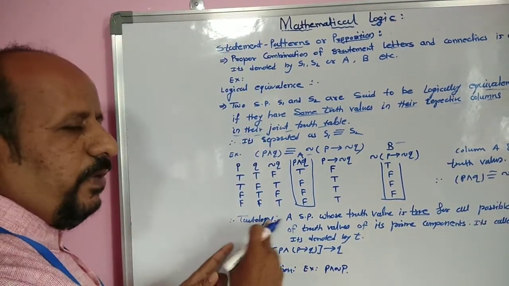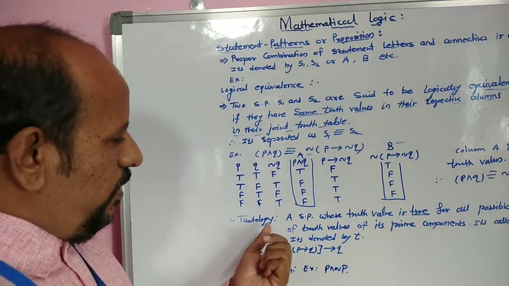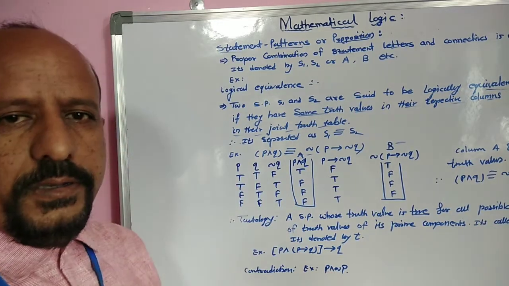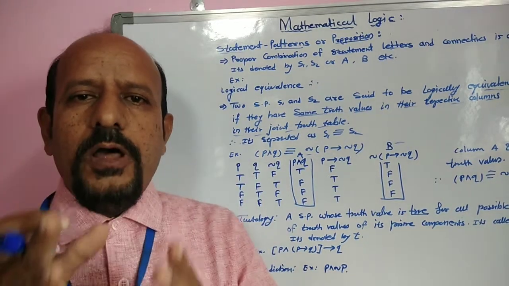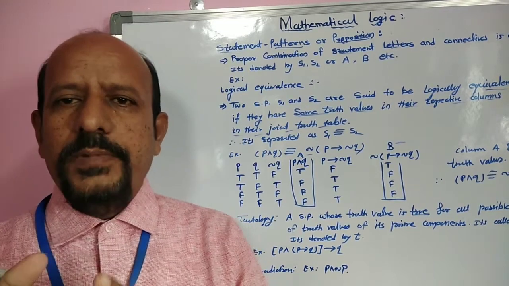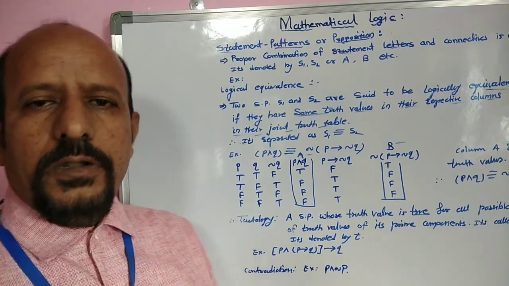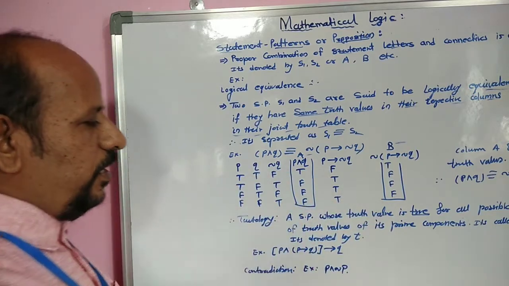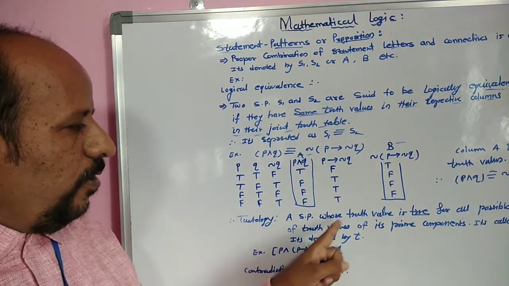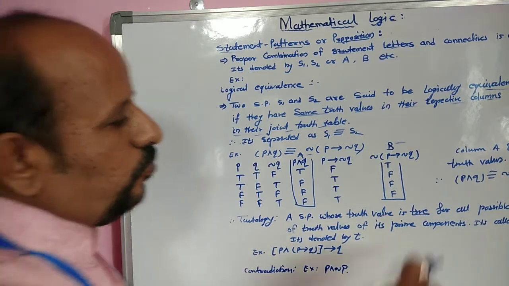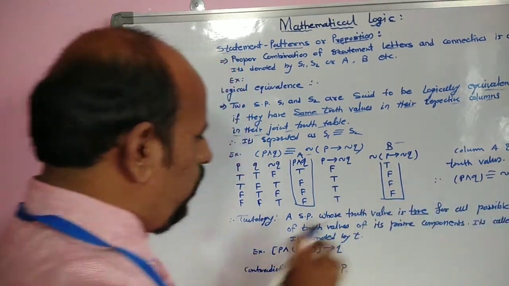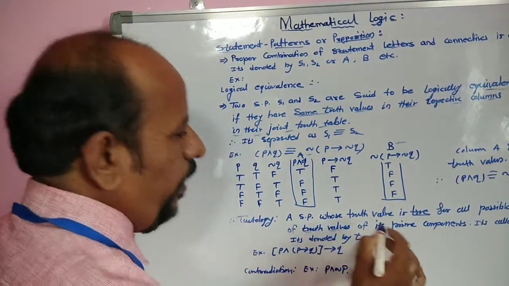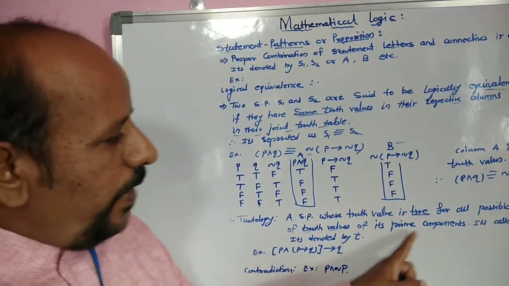Next, what is meant by tautology? In short, if we draw the truth table and the last column is all T, then we call it a tautology. But by proper definition, a tautology is a statement pattern whose truth value is true for all possible combinations of truth values of its prime components.